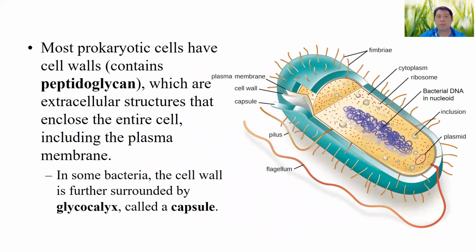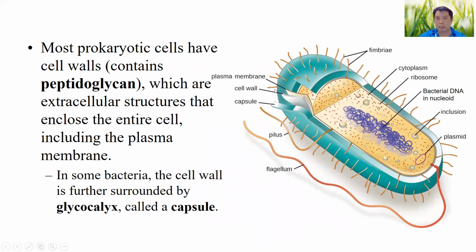Most prokaryotic cells have cell walls, but the cell wall is not like that of the plant cell. The cell walls of prokaryotic cells contain peptidoglycan, an extracellular structure that encloses the entire cell, including the plasma membrane.